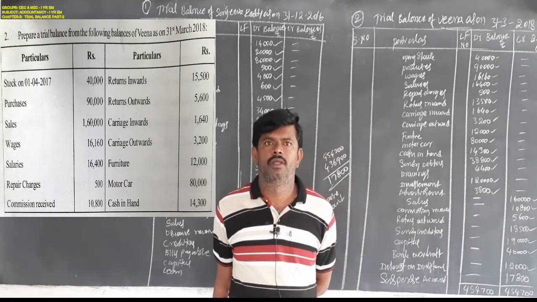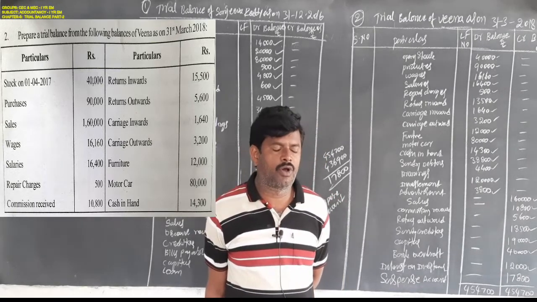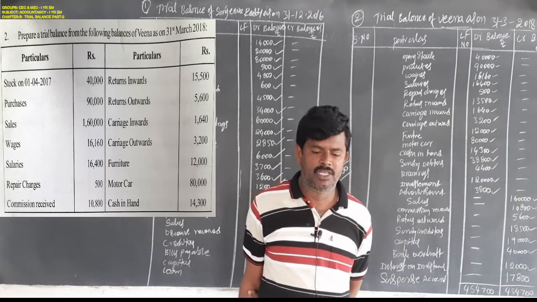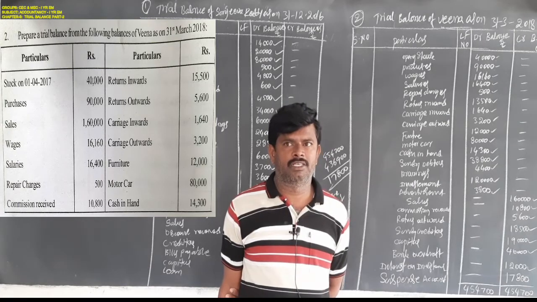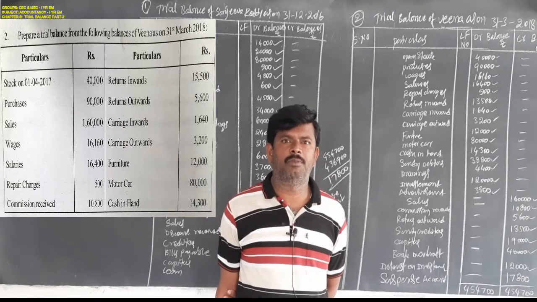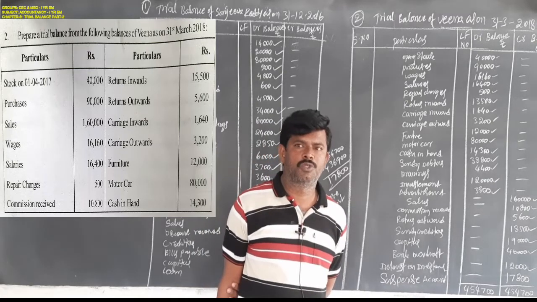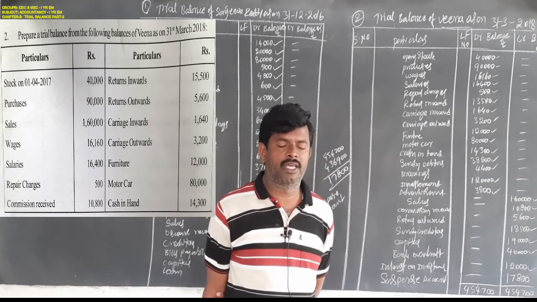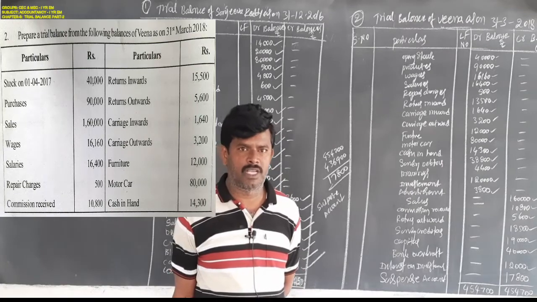The trial balance is not equal, and on whichever side the amount is less, the difference amount must be transferred with the help of a suspense account. Suspense account is used if there is any disagreement between debit and credit. The suspense account is an artificial account. It is not a real account, not a personal account, not a nominal account. If debit is more than credit or credit is more than debit, the difference amount must be transferred to the suspense account.